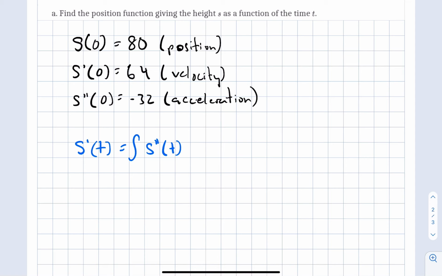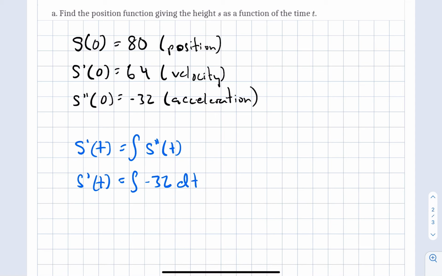Okay, so since we know that the acceleration is negative 32 feet per second, we are going to integrate that in terms of t now, okay? So that's going to be a way to go from the acceleration to velocity.